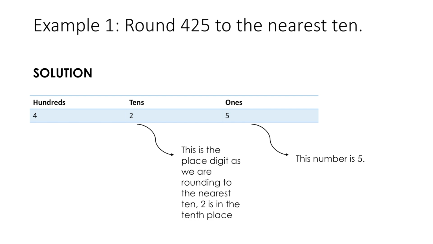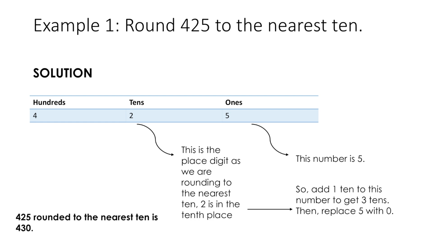Since our rule said if it's 5 or greater, we have to make our place digit 1 up and everything to the right of it 0. So our answer is, since in our ones digit we have 5, we make that into a 0. Our place digit, the 2, we add 1, so it turns into a 3. So 425 rounded to the nearest 10 is 430.